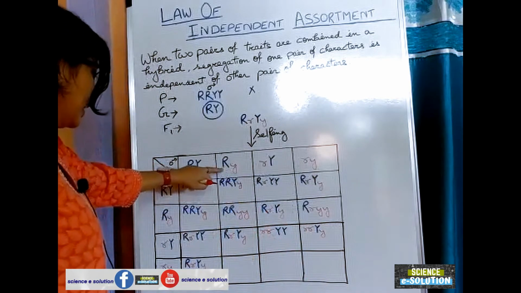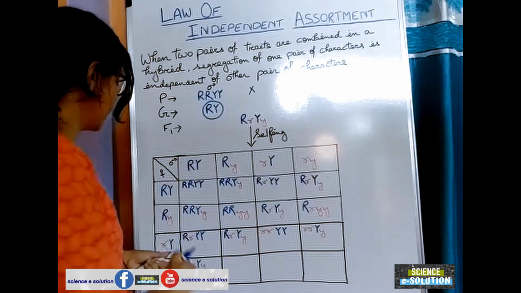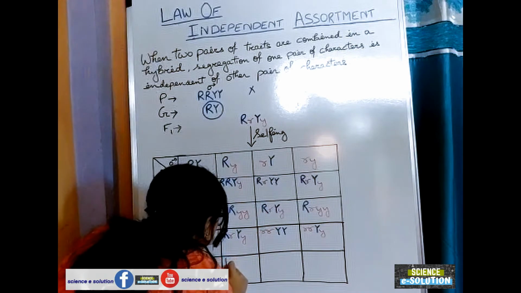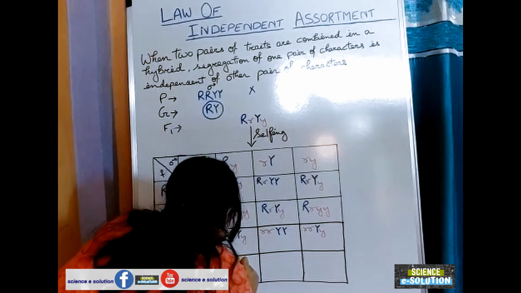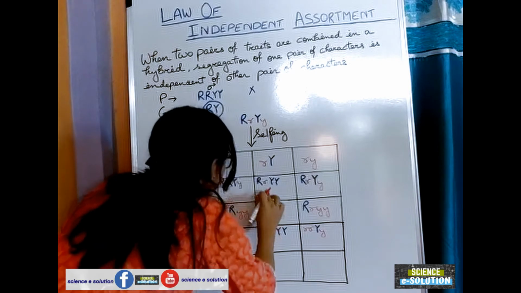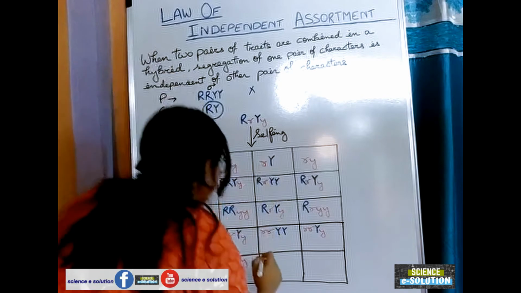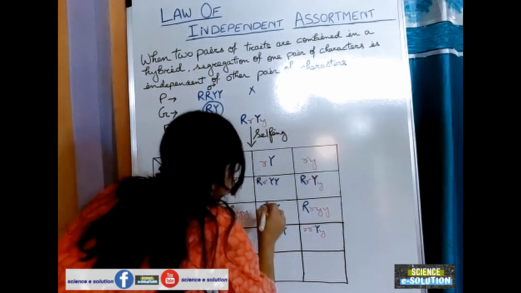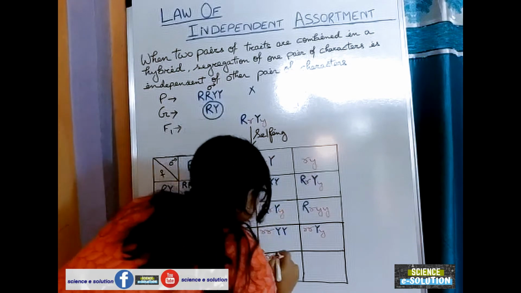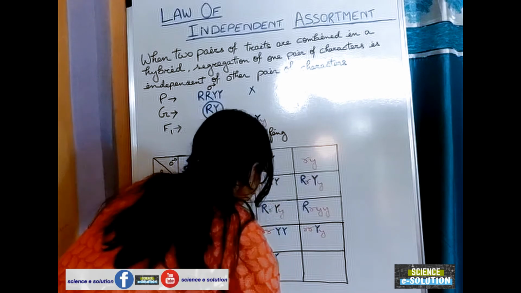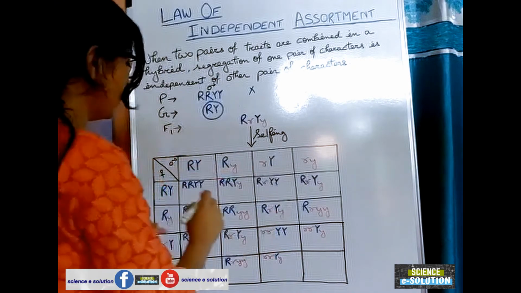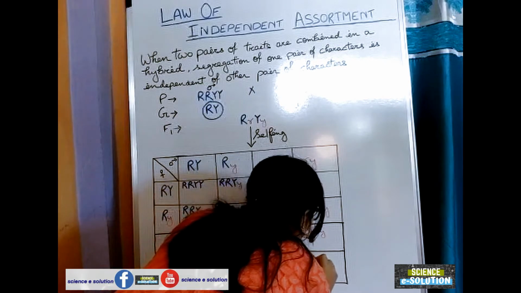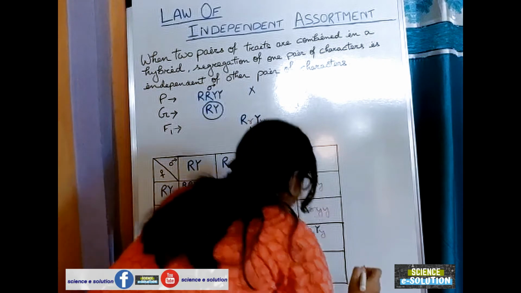Here you will see capital R, capital R, small y, small y. Small r, small r, capital Y, small y. Okay, the last one will be small r, small r, small y, small y.